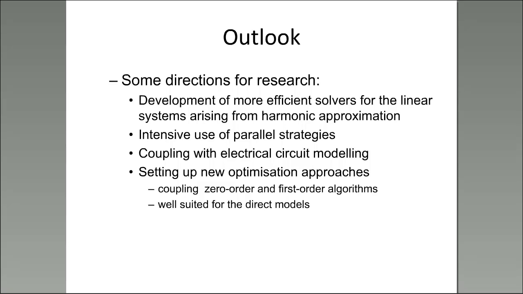When I spoke about harmonic approximation, I said we are led to solve large complex systems. We solve them only once, but we have to solve them. And very often, those systems are very poorly conditioned, meaning that it can take a long, long time to reach a solution.